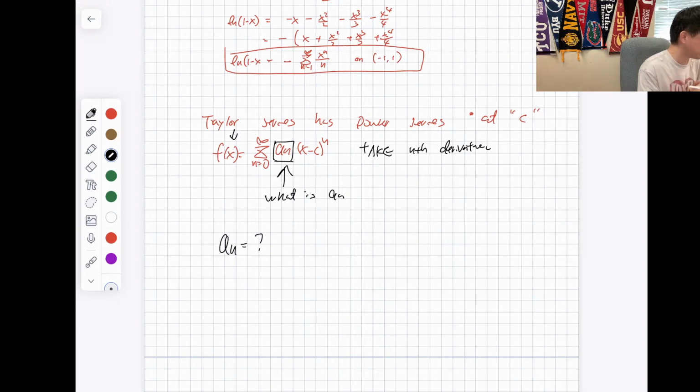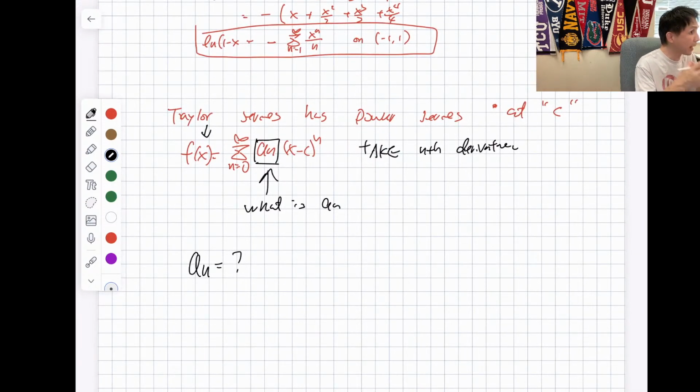Not infinite, just nth. In this case, you can say it's infinite, but take the nth derivative. And we're going to start to try that.